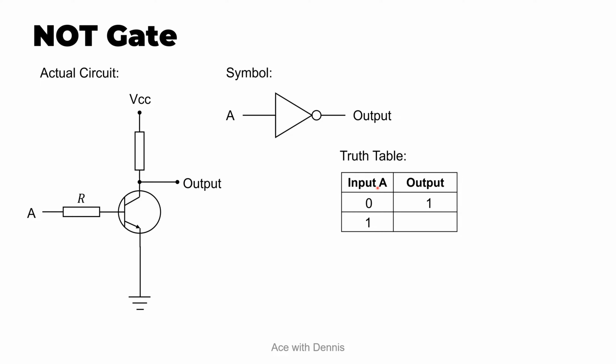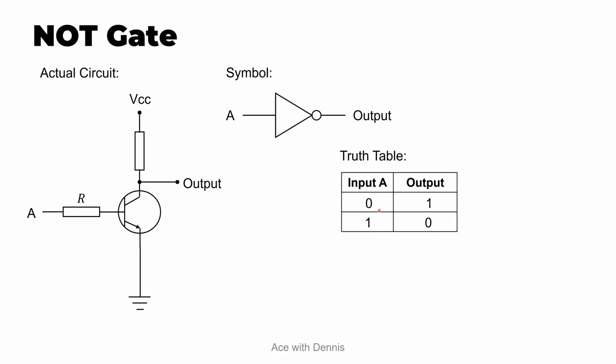When input A is 1, which means that this transistor is turned on, then the current will flow through the transistor directly to the ground. Then the output will have no current flowing through it. It is something like a short circuit from this point to this point. Hence the output will be 0.